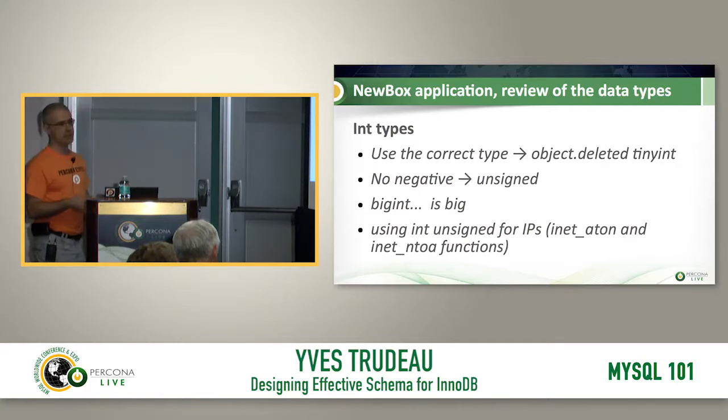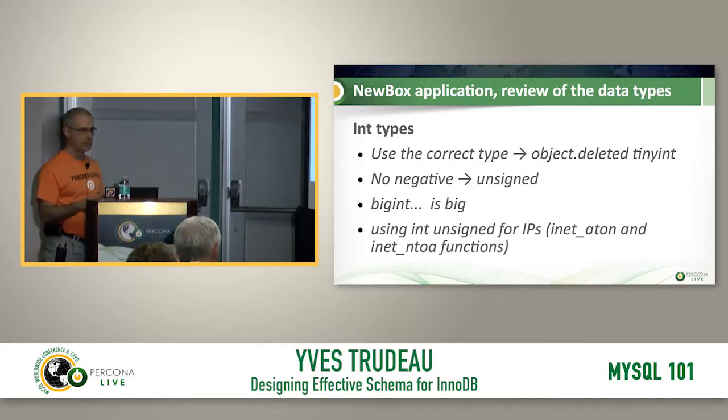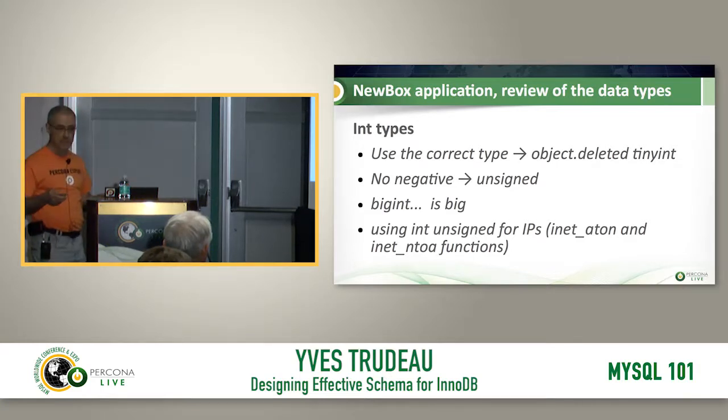If you don't use any negative values, take the liberty to put unsigned, especially on keys that are auto-increment and for primary keys. It doubles your key space. So if you happen to be very successful and you have a lot of people, you won't have to alter your tables in production to change the int type to a bigger type.